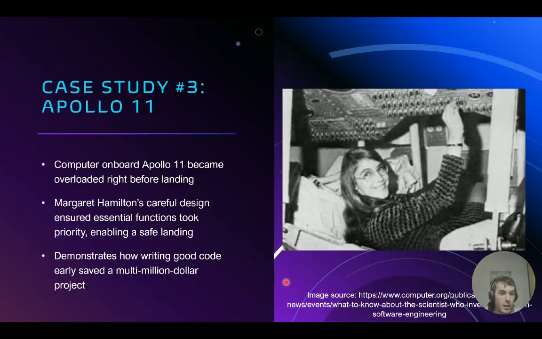But thankfully, the lead designer of the code that was running on Apollo 11, Margaret Hamilton, ensured that essential functions would take priority in the case of a computer overload. So she had accounted for this. And rather than having to cancel the mission and come home, this enabled them to safely land on the moon. And this is the counterexample of the last case study.